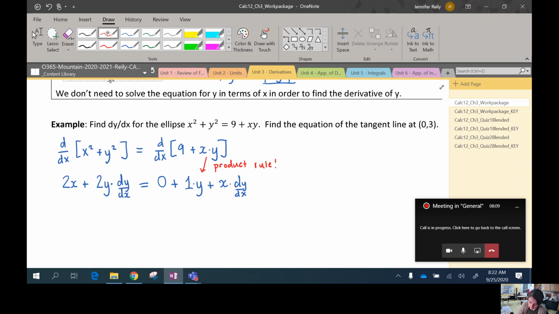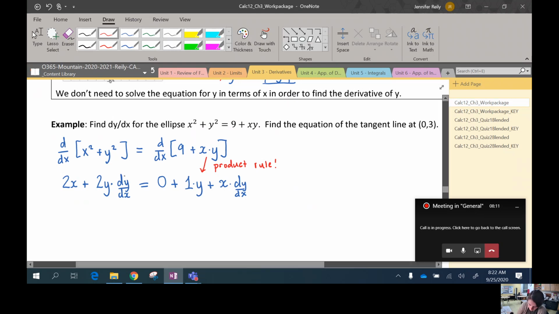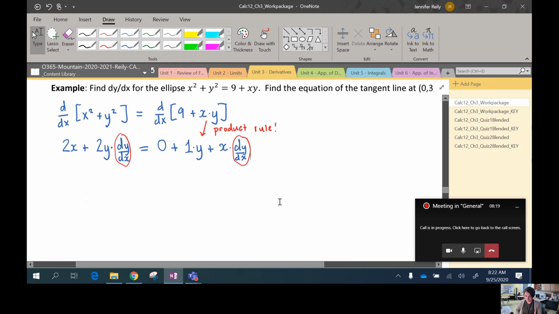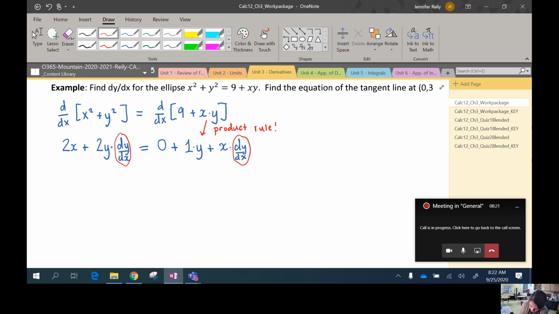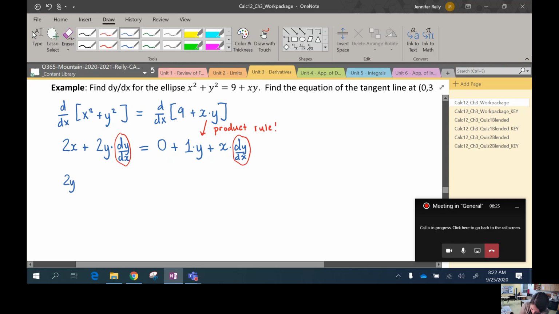Okay, and now we want to solve for our dy dx term. We have two this time, so we're going to bring both of those to one side and all of the other terms to the other side. So I am going to move the dy dx terms to the left. So I'll have 2y times dy dx, and I'll have minus x times dy dx.